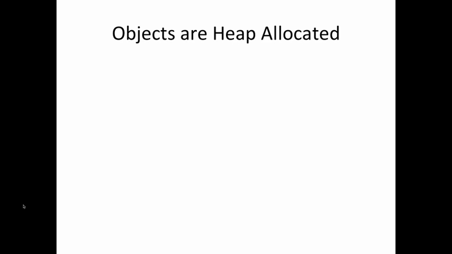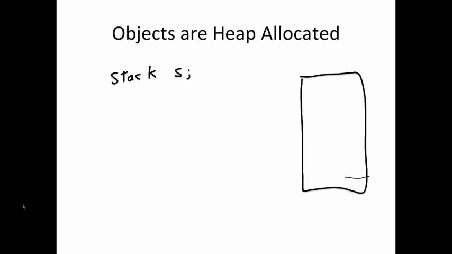The second thing you need to know about Java objects is that they are always heap allocated. They cannot be allocated off of the stack. So in Java, when you have a declaration, say Stack S, what that does is on the stack, it creates a pointer of 8 bytes, depending on the architecture of the machine, and initially it is null.